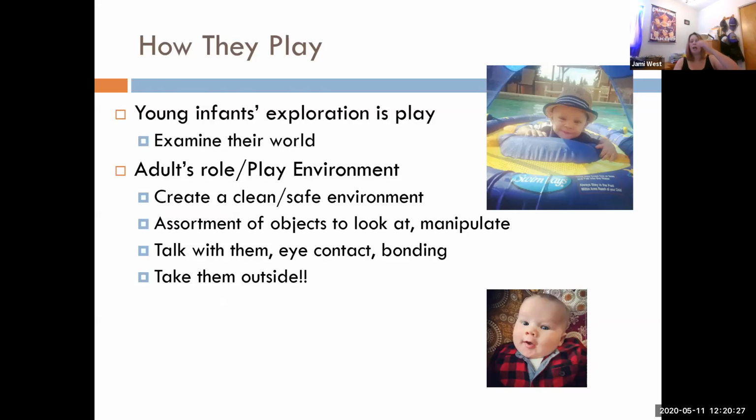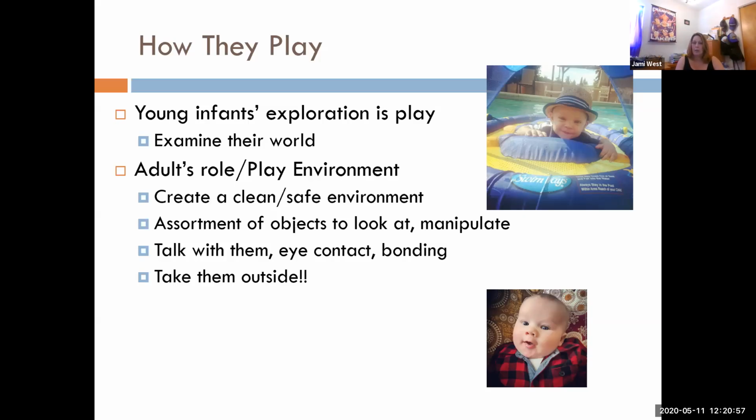The last thing that we talk about for every age group is how they play. What does play look like for every age group? This is incredibly important because this is how children develop and learn, through play. We talked at the beginning about social emotional development, and that attachment and bonding leads to trust, which grows into security.